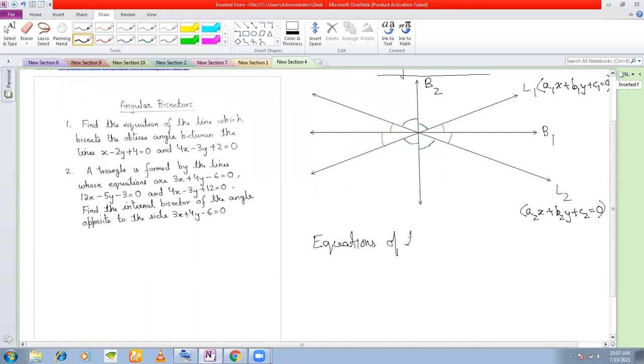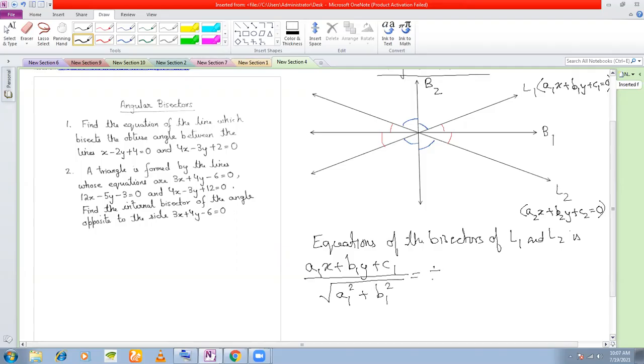The equation of the bisectors of L1 and L2 is A1x plus B1y plus C1 divided by root over A1 square plus B1 square is equal to plus or minus A2x plus B2y plus C2 by root over A2 square plus B2 square.